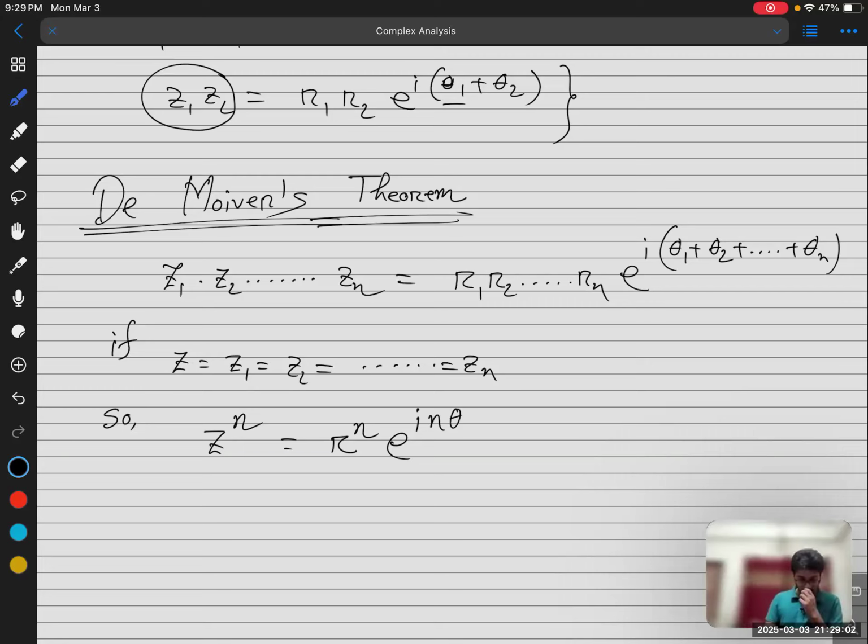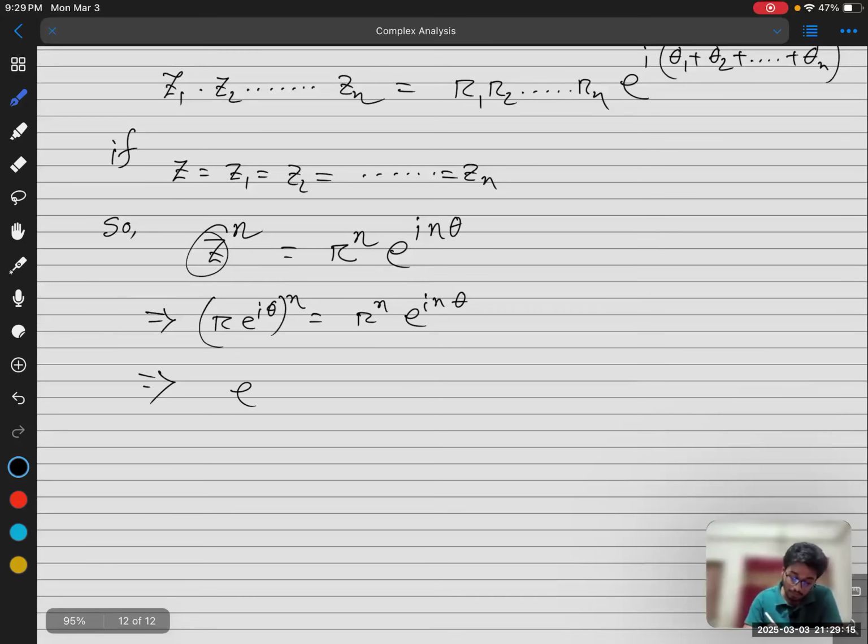So from here we are just substituting the polar form of z, that is r e to the power i theta, to the power n, giving r to the power n e to the power i n theta.